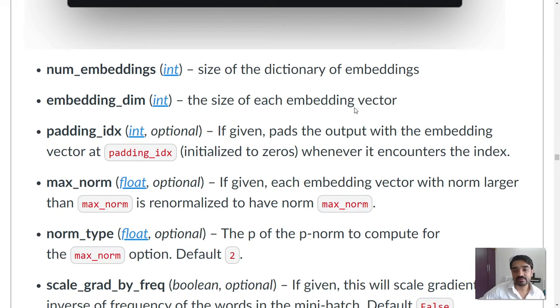Now, let's say you have picked some word which is not there in the dictionary, or your sentences are short. In that case, what should happen to the rest of the spaces? It's going to look at this padding index and fill it in there. If you mention 0, it's going to fill everything with 0. If you mention -1, it's going to fill it with -1, right? So this is something we need to initialize.